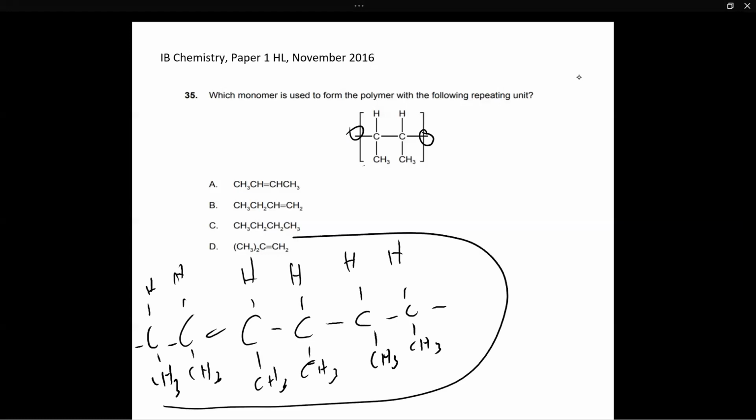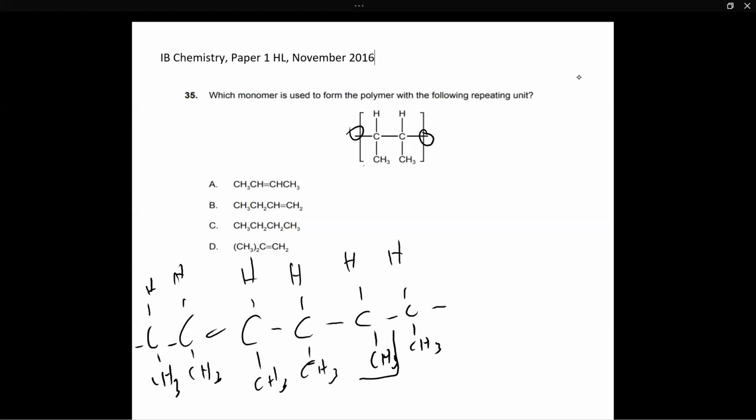In this whole chain, if we're asking you to identify a monomer, you may be tempted to think that this is the monomer, but that is actually not the case. This is the monomer. And that is because this alone doesn't form anything.